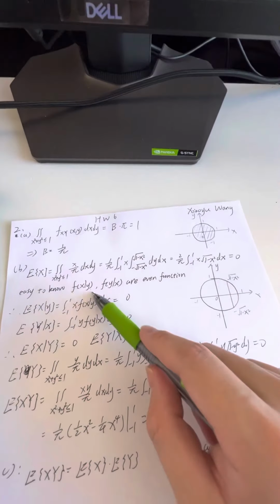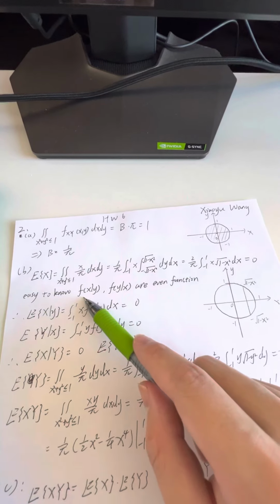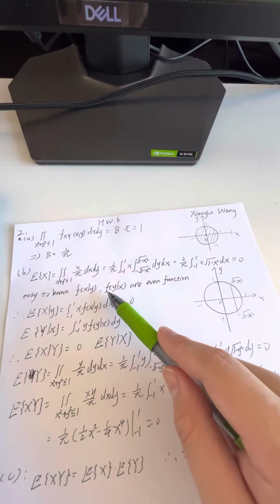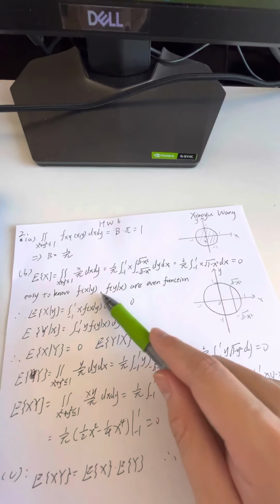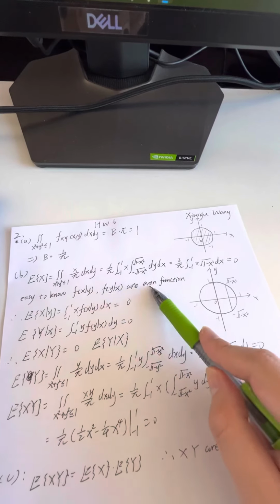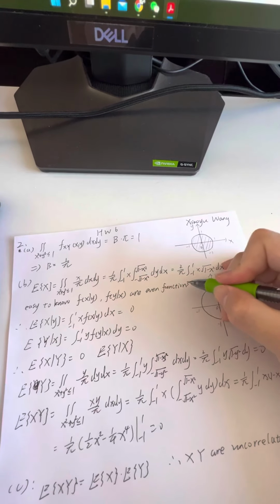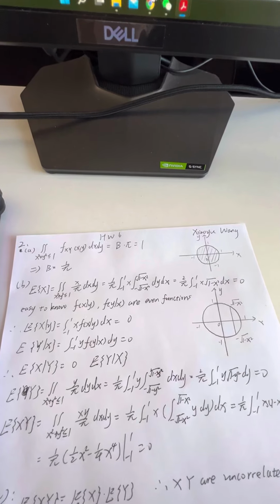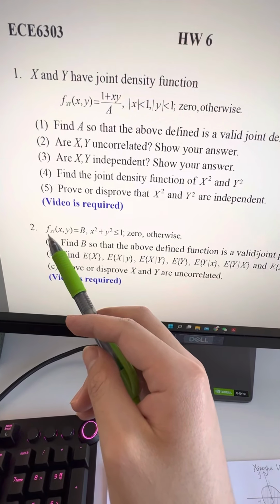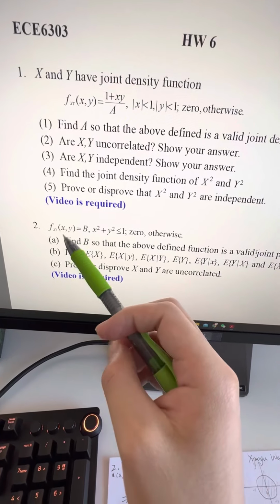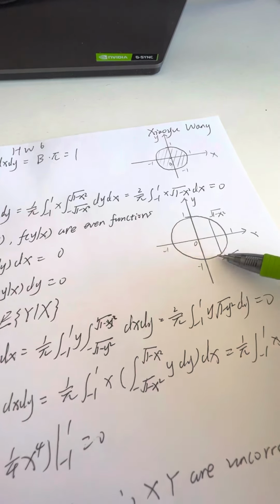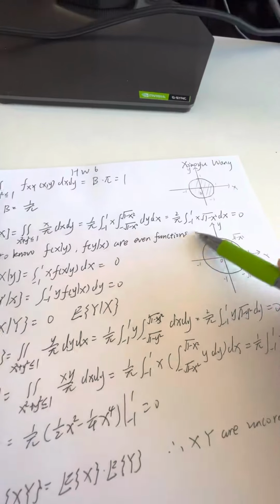We also easily know that the density function of x under the condition of y, and the density function of y under the condition of x, are also even functions, because the joint density function is an even function and the distribution of x and y is symmetric.